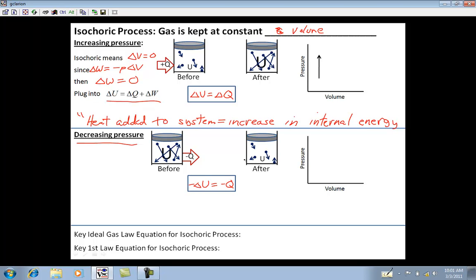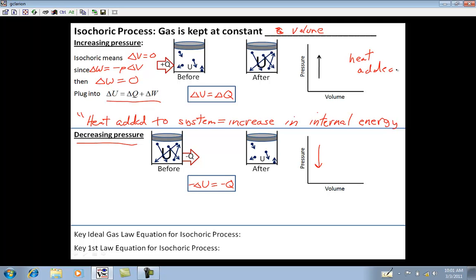So what does that do to the internal energy? Internal energy is going to decrease. It's really important to notice that in both these situations, heat is being added or lost.